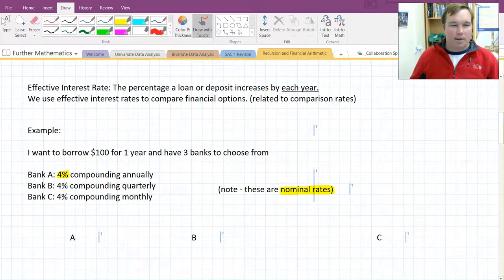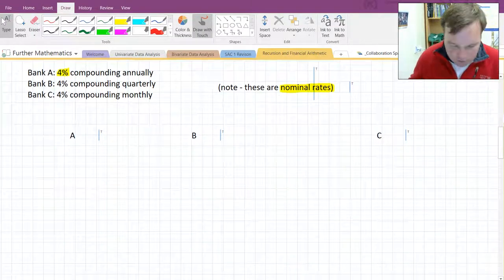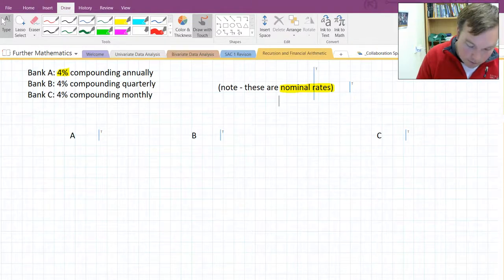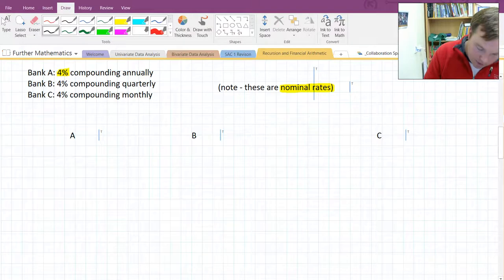And looking at them, you might think, well, at the end of the year, I'm going to have to pay back $104 because each of them is 4%. It doesn't actually work out that way. So let's have a quick look at this. So 4% compounding annually is quite easy. You have $100 to start with.